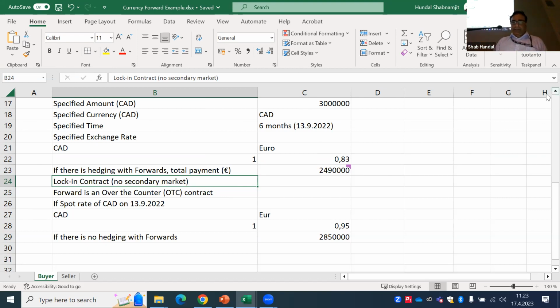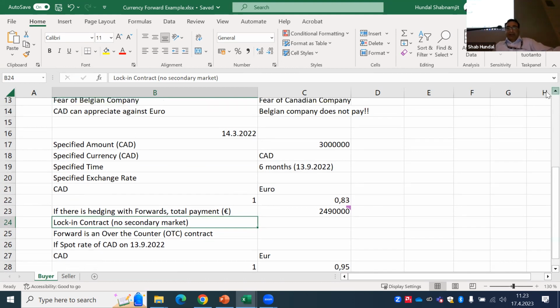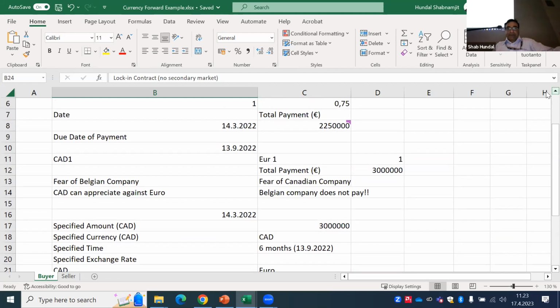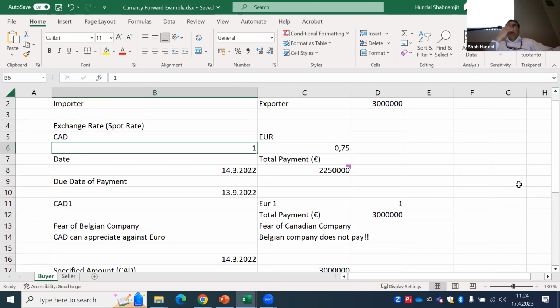Can I ask you one thing? When you think that having this contract was not necessary, I mean, look, the spot rate is 75 cents for 1 Canadian dollar, right?